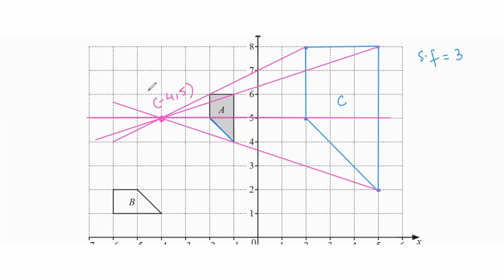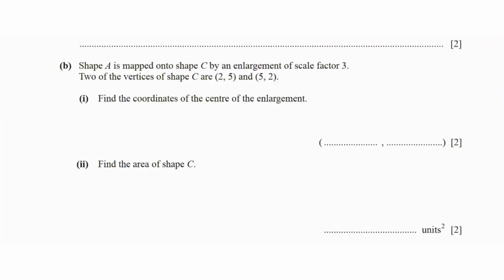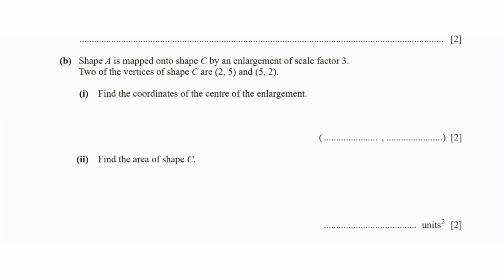You first enlarge your shape if it's not given, and then you connect the corresponding points with a line. Then you extend the lines to a point where all the lines are meeting. That is where the center of enlargement lies. So that's negative 4 and 5.